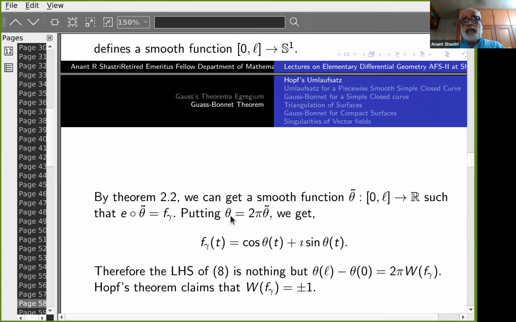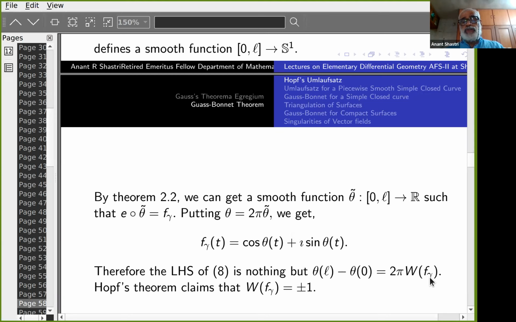After that, you just take the lift as theta twiddle, and put theta equal to 2 pi times theta twiddle, so that we can just write cos theta, otherwise 2 pi will come hanging here. So I have exhausted that, and write theta as 2 pi of theta twiddle.